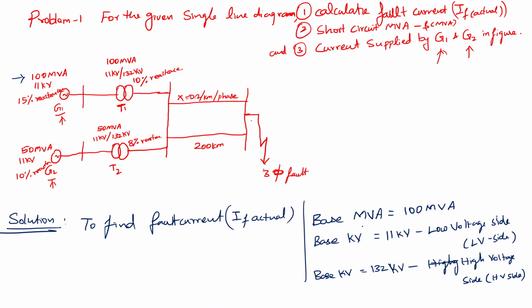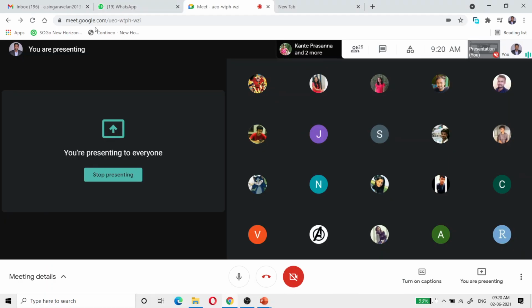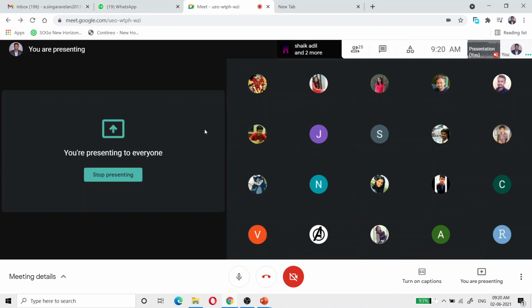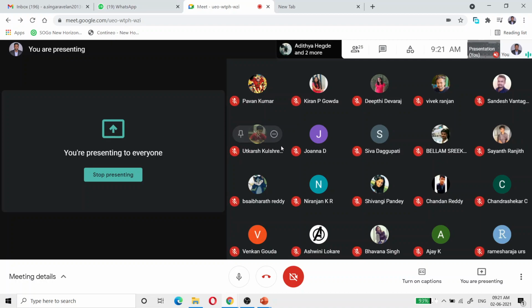Next we need to evaluate. Step 1 is already given in the question, so I am going straight to step 2. So what is step 2? Are you there in line? Am I audible, students?